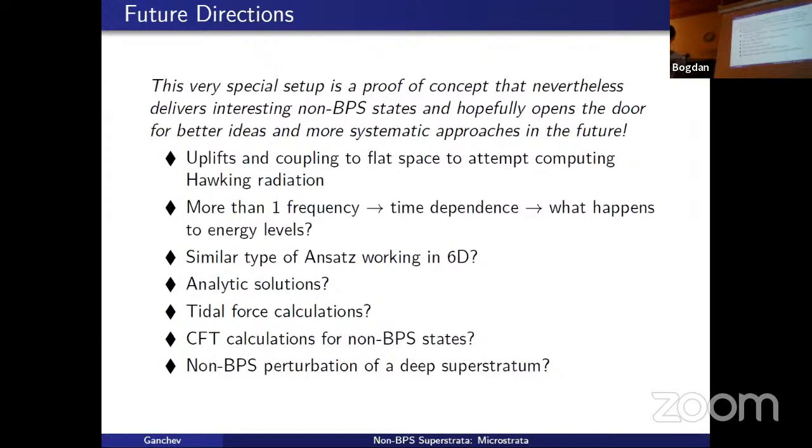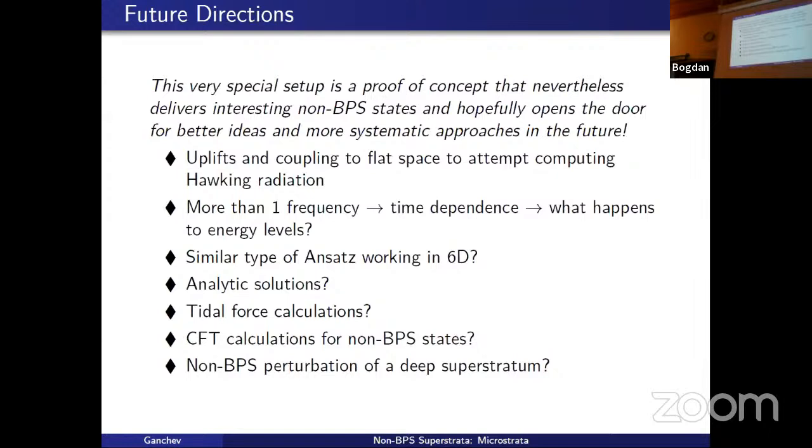I might just add one comment. One of the really interesting things is that as you turn on this BPS breaking parameter, the frequencies all shift down, and the downward shift depends on the amplitude of the mode that you've turned on. In a sense, this is where you might begin to see some transition to chaos, because the spectrum of the states now depends on the amplitudes of those states, quadratically in fact.